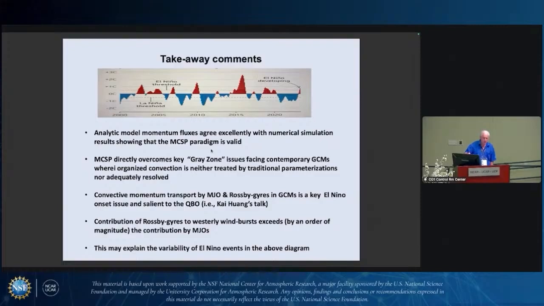I would suggest that it's the horizontal transport due to the gyre-like circulations within the MJO that's causing that change of amplitude. But this is totally a theoretical and numerical result, and I would be interested to know if there's any realism in reality, so to speak.